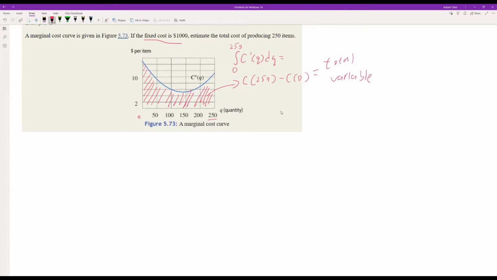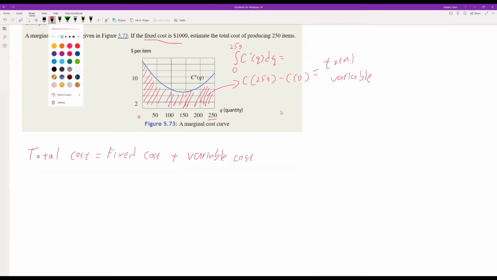All right, so first, we know that total cost is equal to fixed cost plus variable cost. Now we know that fixed cost is $1,000, and the variable cost is the definite integral of C prime of Q from 0 to 250.